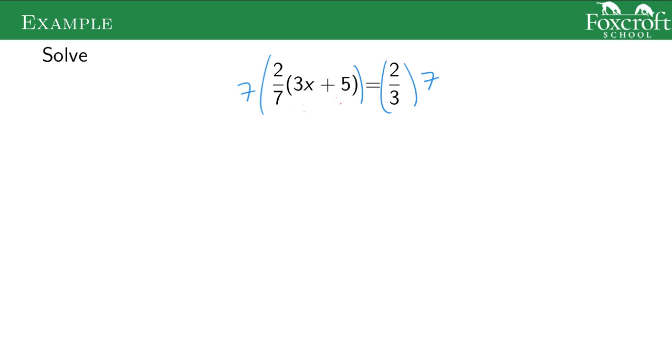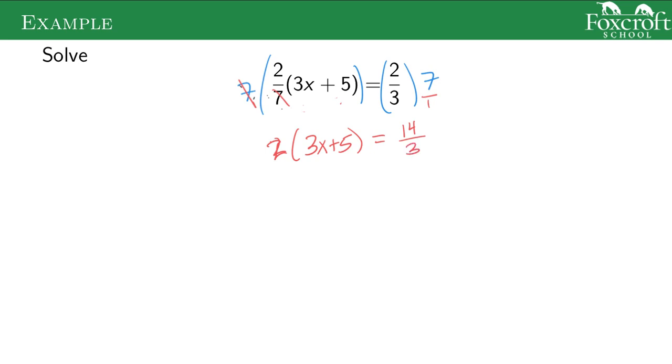The left hand is going to be pretty straightforward because when I multiply this by 7, these 7s just cancel, and I get 2 times 3x plus 5. On the right-hand side, they don't just cancel, so 7/1 times 2/3 becomes 14/3.